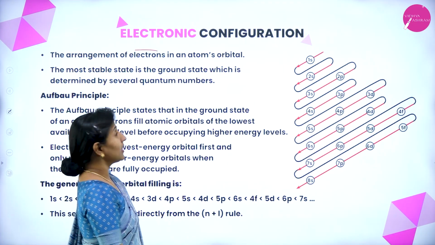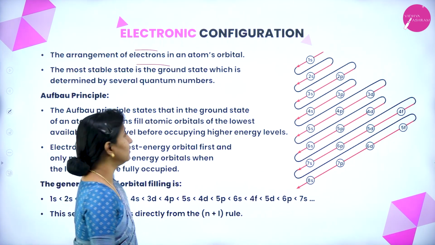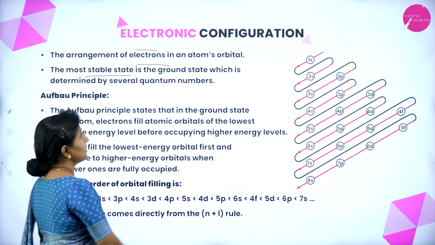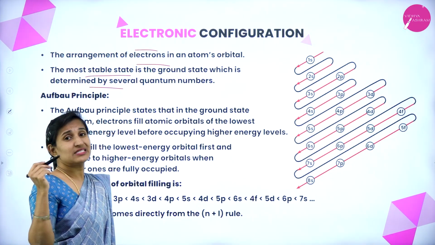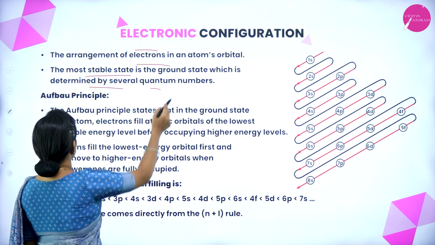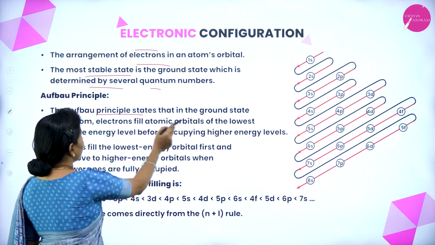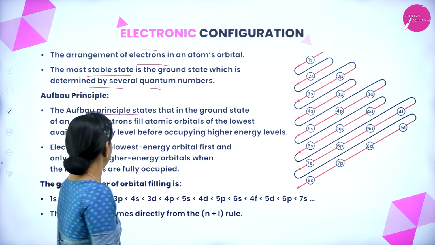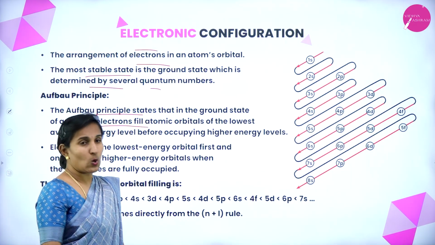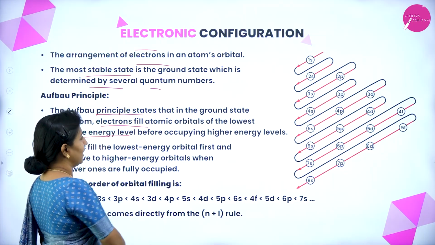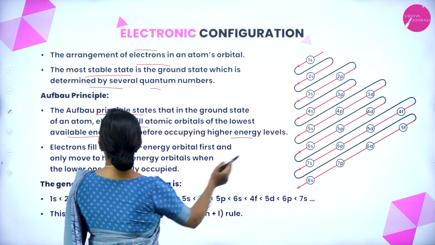Electronic configuration. It is the arrangement of electrons in an atom's orbitals. The most stable state is the ground state, which is determined by the several quantum numbers, that is the Aufbau principle. The Aufbau principle states that in the ground state of an atom, electrons fill atomic orbitals from the lowest available energy level before occupying higher energy levels.